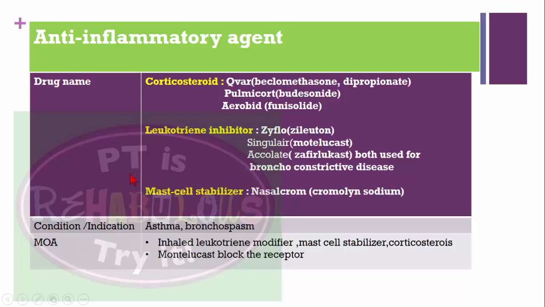So we have to use mast cell stabilizers to stop the inflammation and stabilize those cells.